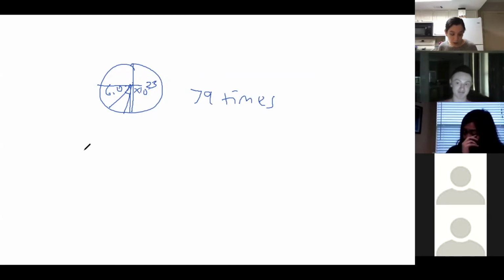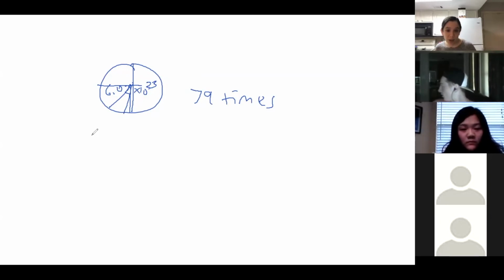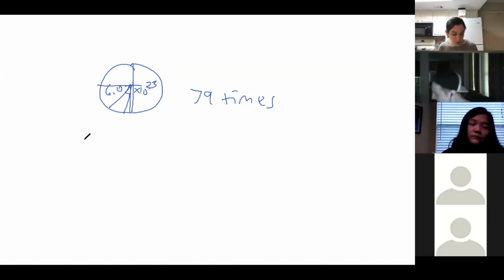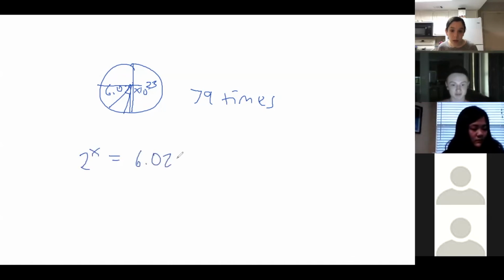It's pre-calc. So some students will just divide by 2 until they get an answer. But the actual equation you have to use would look like this. So you could use that equation, or you could use this equation.